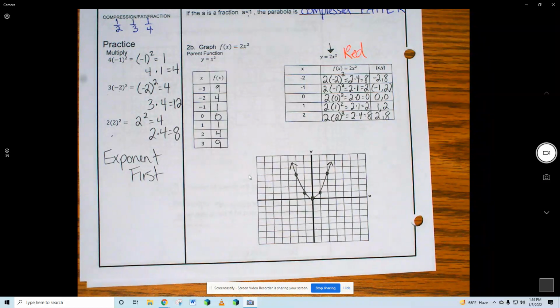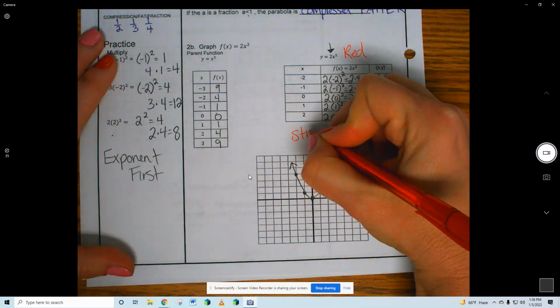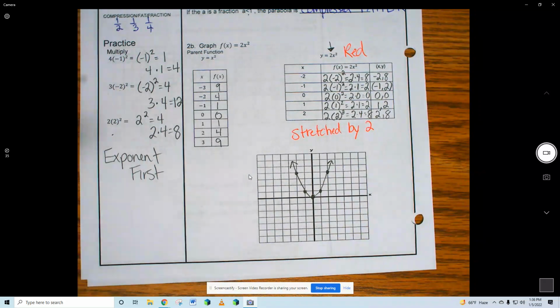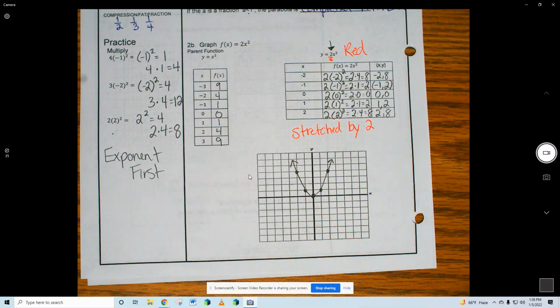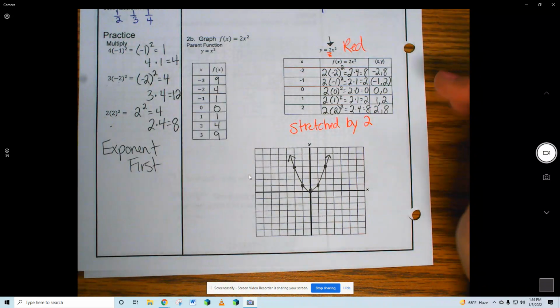So in red, I'm going to graph my new graph, stretched by 2 because there is a 2 in front of it. It's skinnier. Go ahead and plot the ordered pairs, please. Negative 2 comma 8.